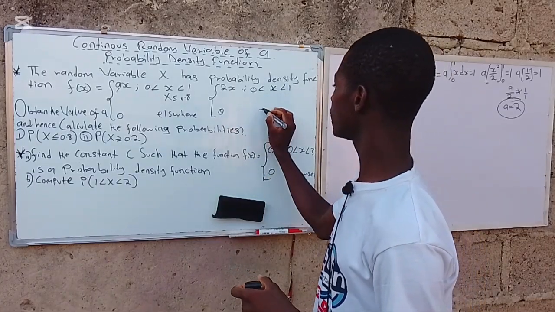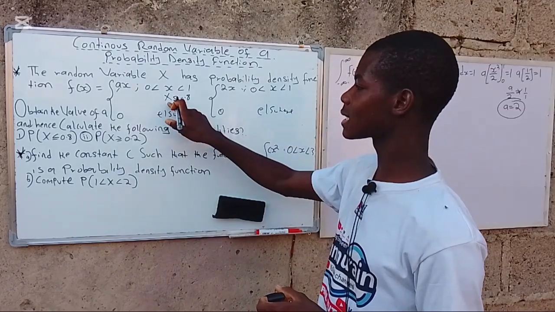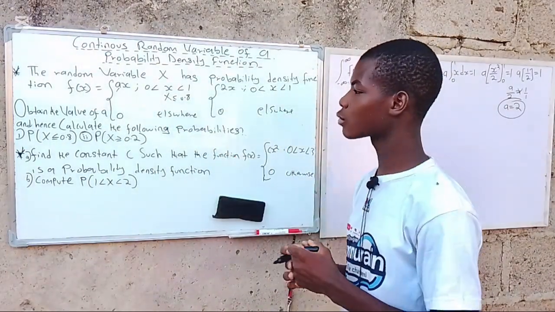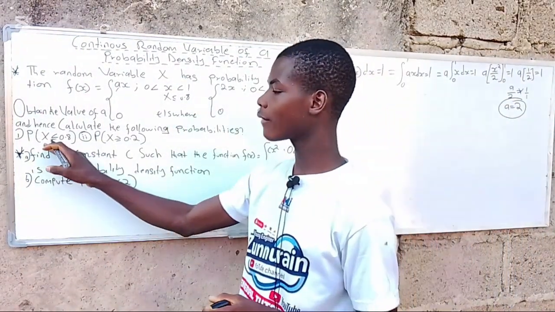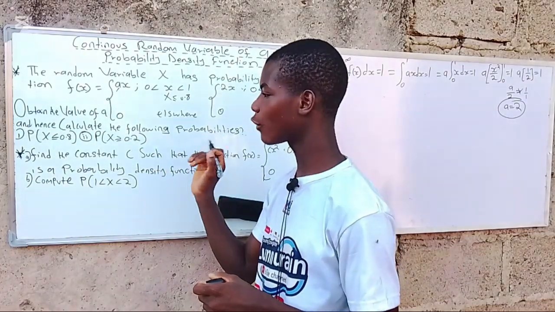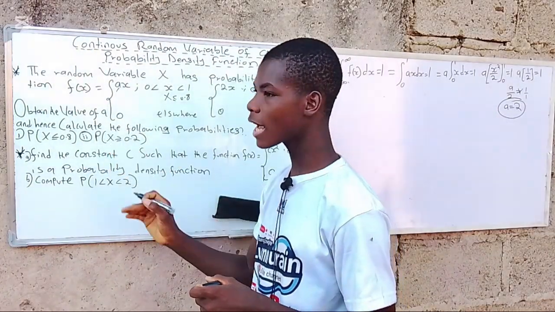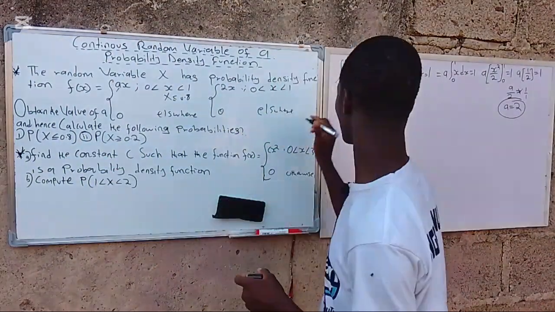As I explained before, we need the probability that x is less than or equal to 0.8, and the probability that x is greater than or equal to 0.2. Let's start with the first one.